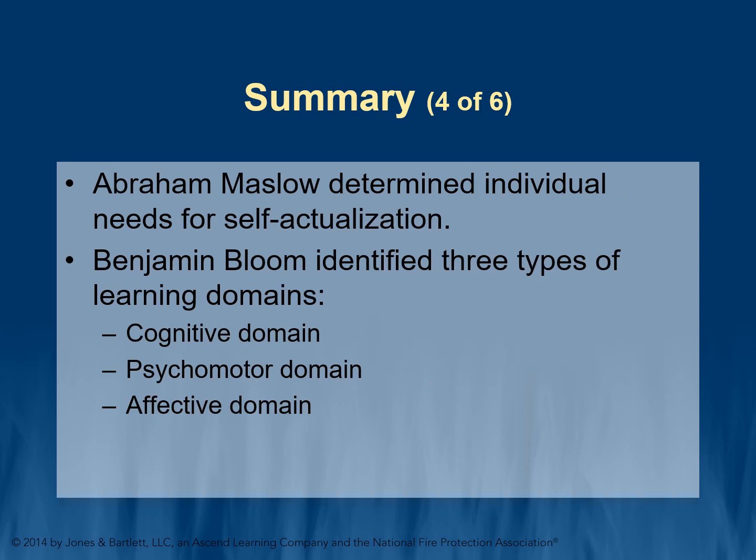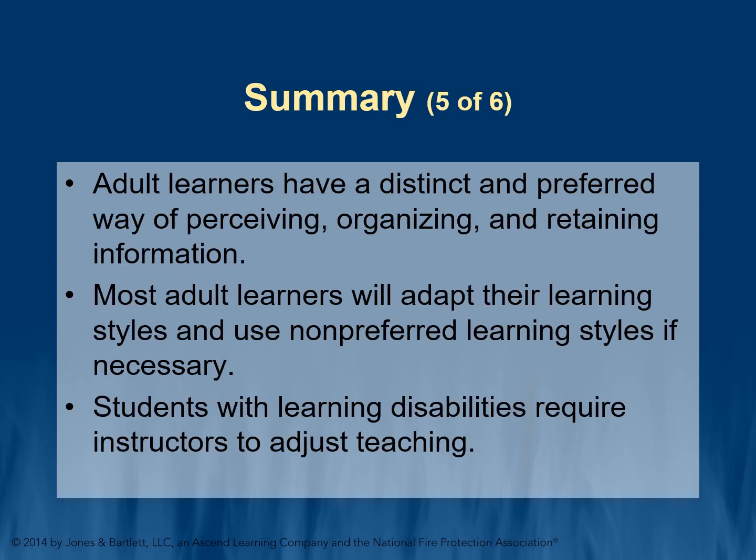We looked at Maslow's hierarchy of needs for self-actualization. We talked about the three types of learning domains: the cognitive, psychomotor, and affective. We've talked about adult learners and how they have a distinct and preferred way to perceive, organize, and retain information.